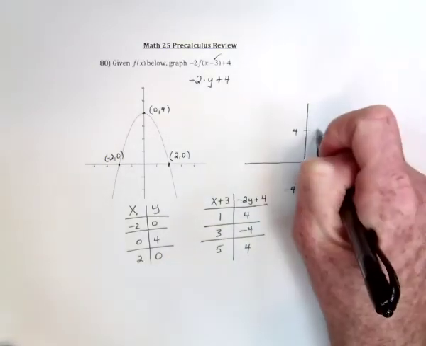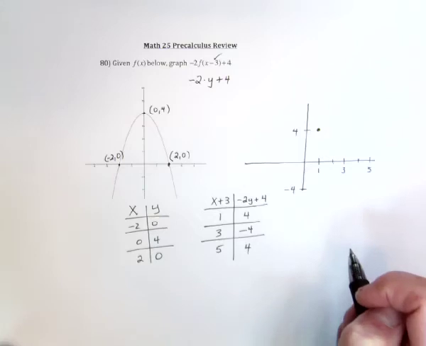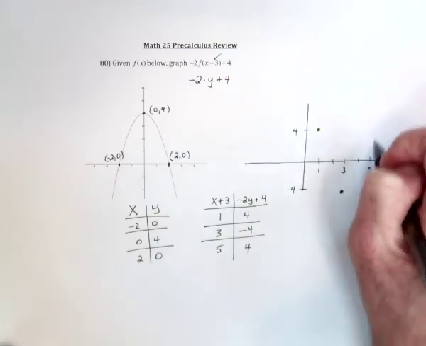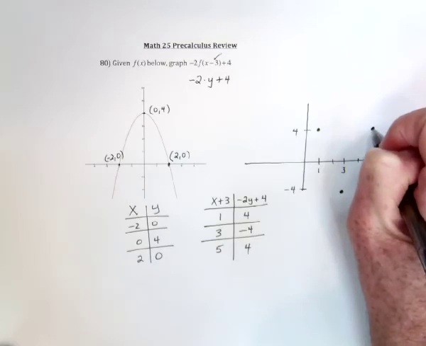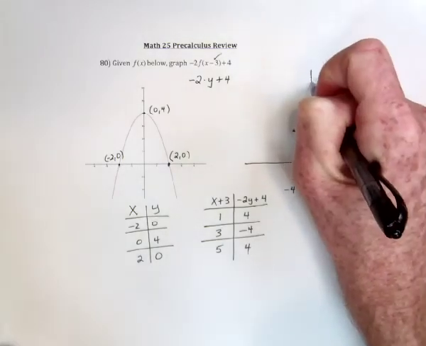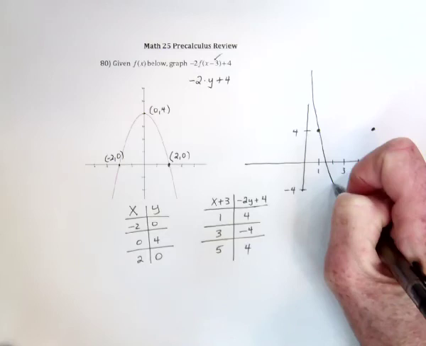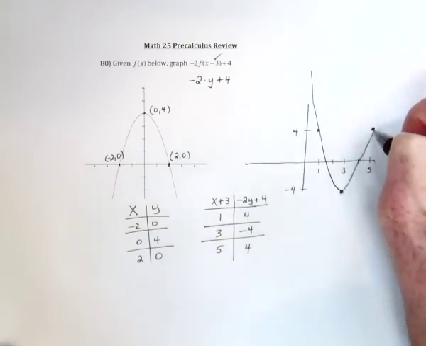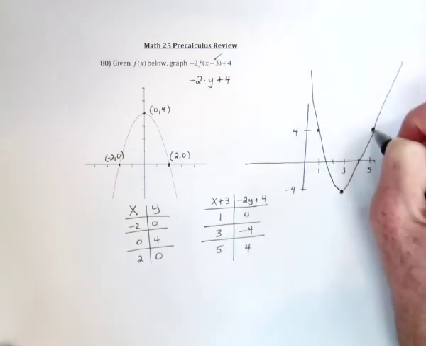So we've got 1, 4, 3, negative 4, and 5, 4. And now just make a nice tall parabola. And there it is.